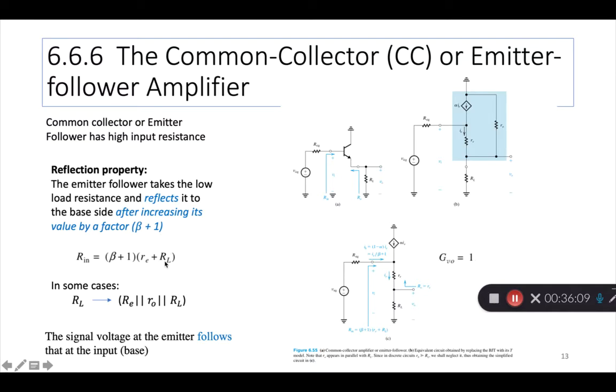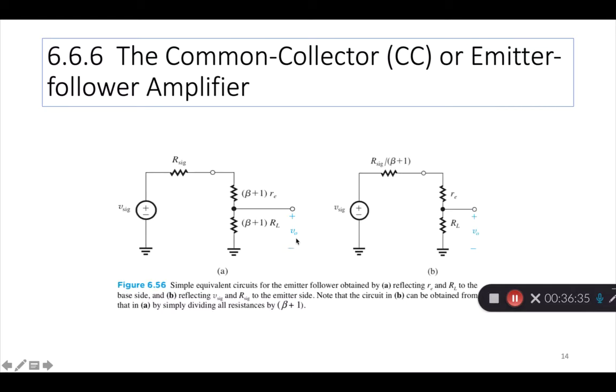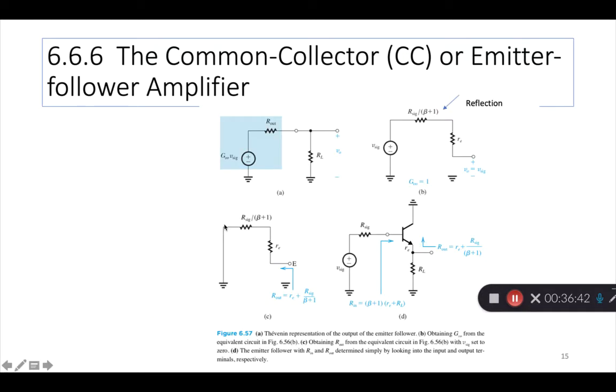And sometimes this RL is replaced with a combination: if there is a load and there is an RE component in the emitter in addition to the RL, and we are asked to also consider ro, then RL in this formula is replaced by this combination. Okay? Alright. So there's a lot of analysis using Thevenin's models and all that. I'm not going to have time to look at all that.